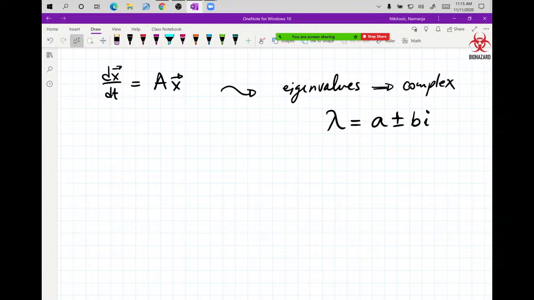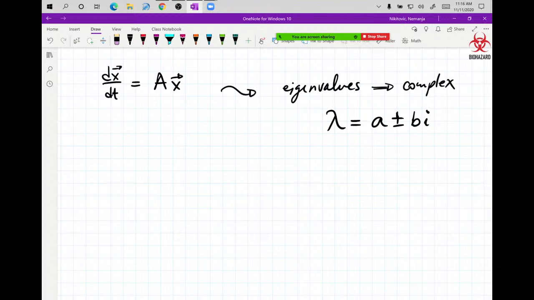The eigenvector could be complex, could be real, and we will see that anytime it's complex, we just keep the real part and throw away the imaginary part. I should match the notation.